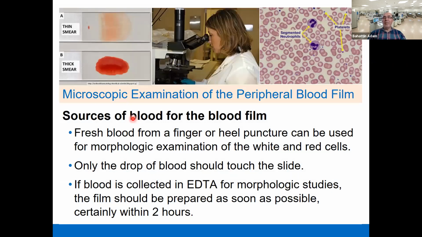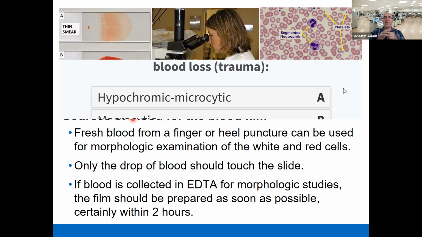Now it is time to talk about the peripheral blood film. We are going to examine a drop of blood under a microscope and see its color, its shape, its size, and the shape of the nucleus, and so on.